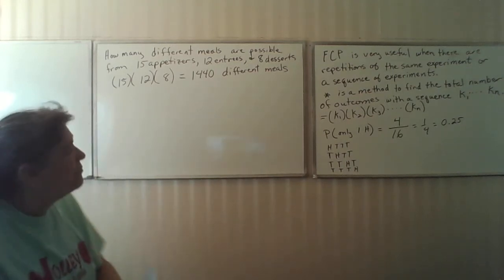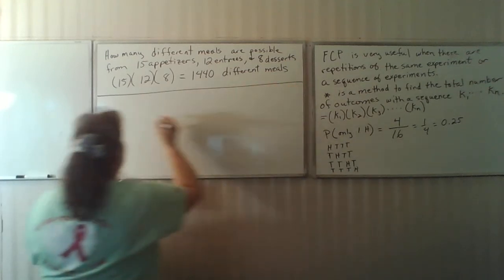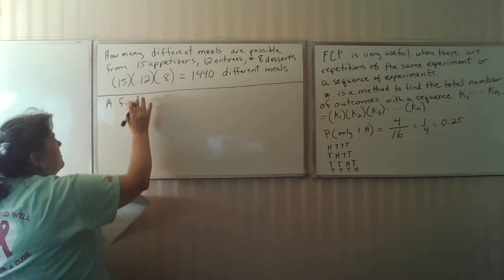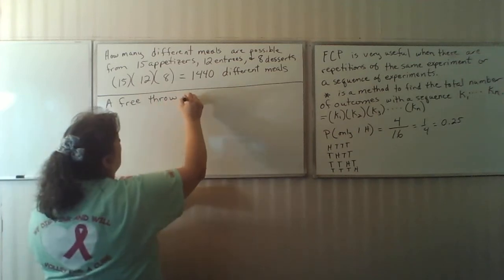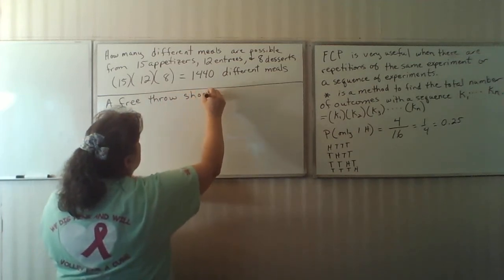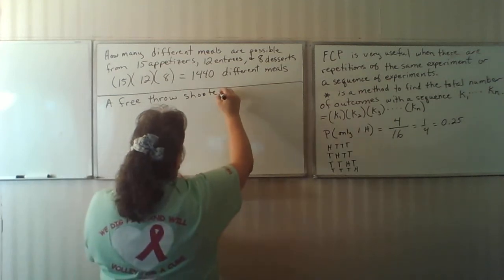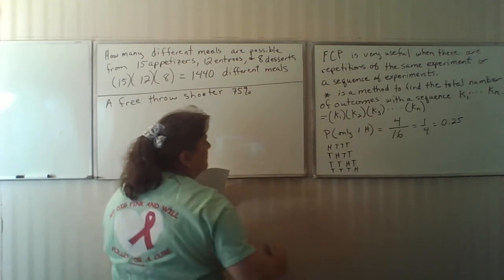Okay, a free throw shooter has a 75% success rate.